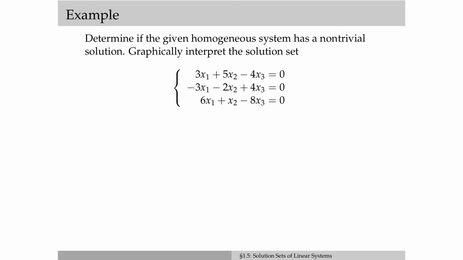All right, what we want to do here is look at this linear system and ask ourselves, does it have a non-trivial solution? Well, that is equivalent to us row reducing it and seeing if there are any free variables. So let's pop this into matrix form.